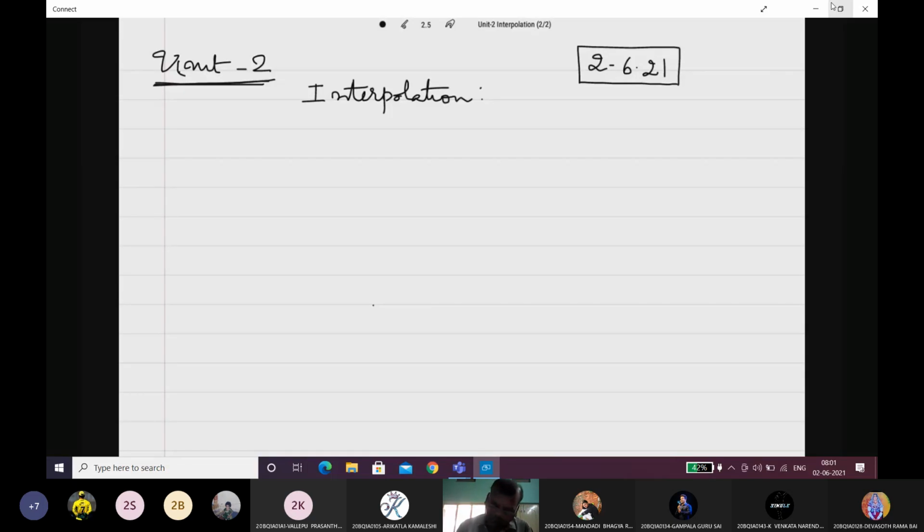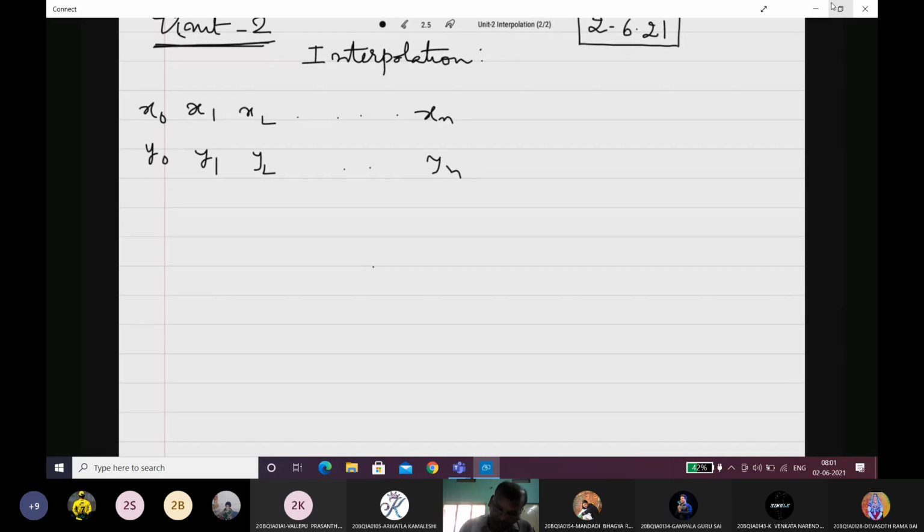Suppose we have a set of points x0, x1, x2, etc., xn, with corresponding values y0, y1, y2, etc., yn, or sometimes in terms of the function f of x0, f of x1, f of x2, like this.